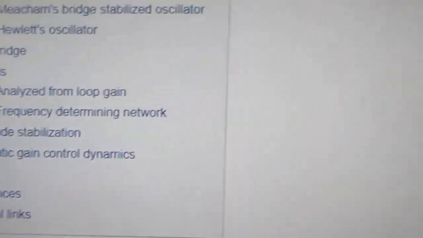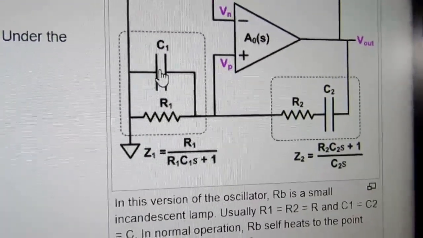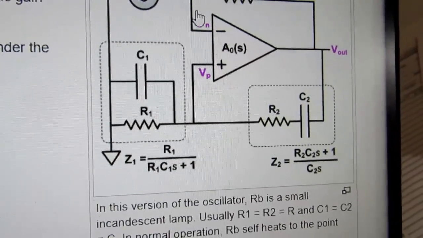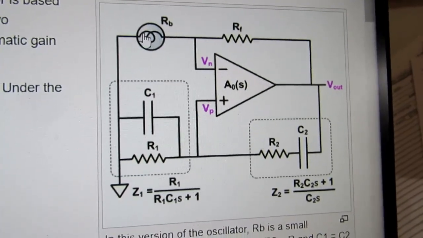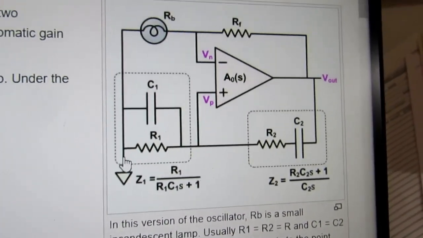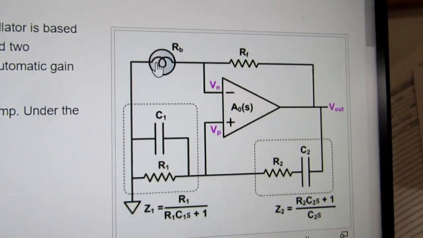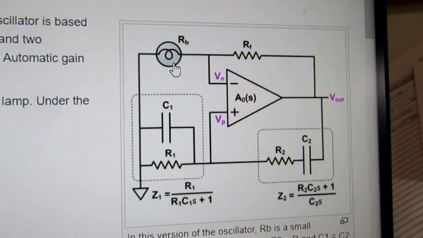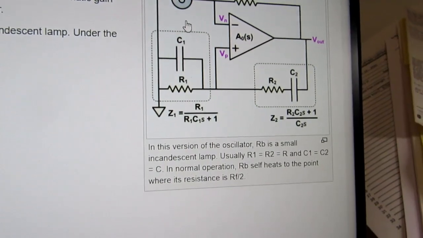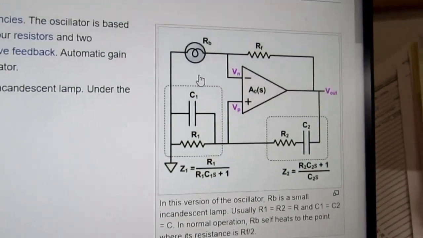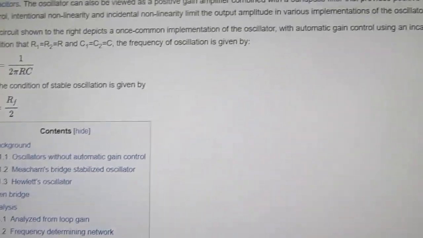And once again, it shows the same thing, that you've got an op amp with negative feedback through a resistance, and then another resistance element to ground. And one of those, either this one or this one, in this situation it's this one, is something that's there to stabilize the oscillation, and it's an automatic gain control.